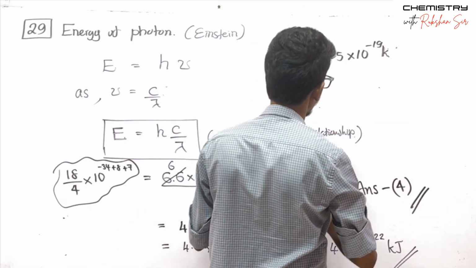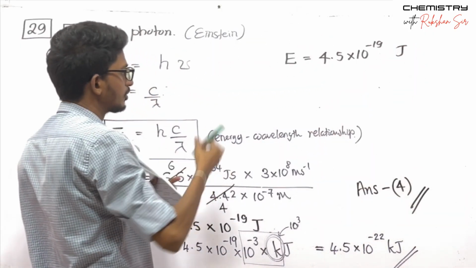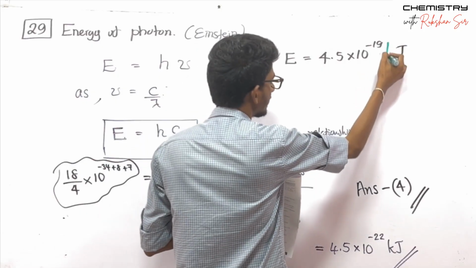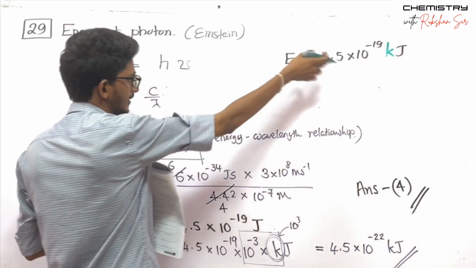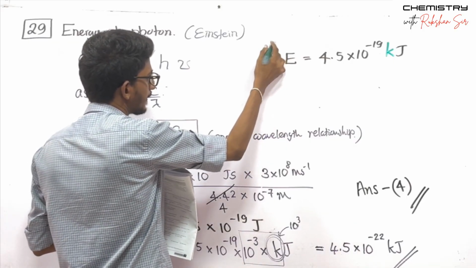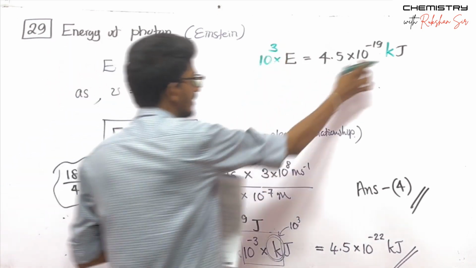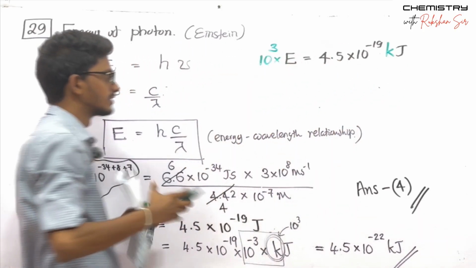So earlier it was joules. If you need to add some k here, you have to do the change for both the sides, right? K means 10 to the power 3. If you multiply with k, you have to do the same thing for the other side as well.